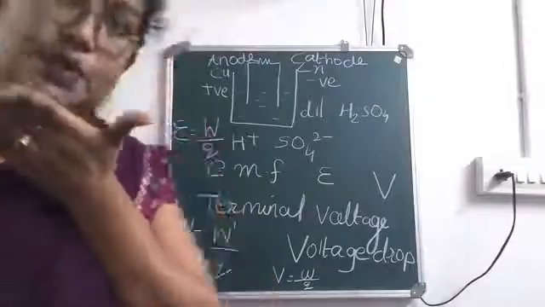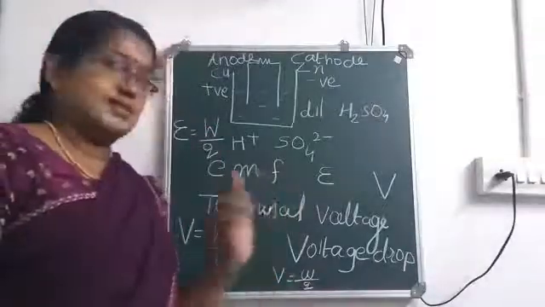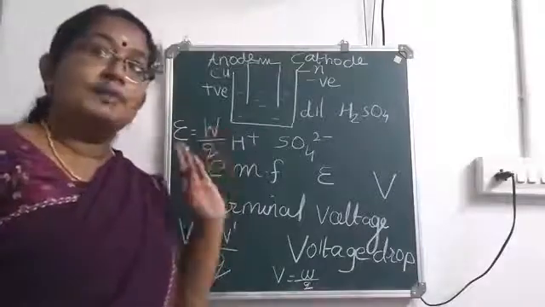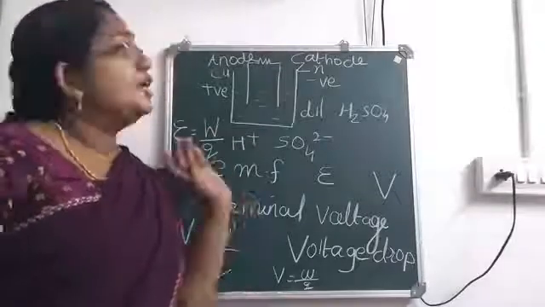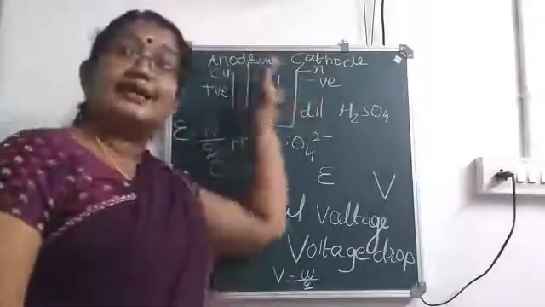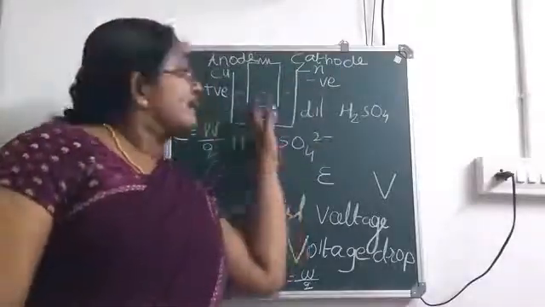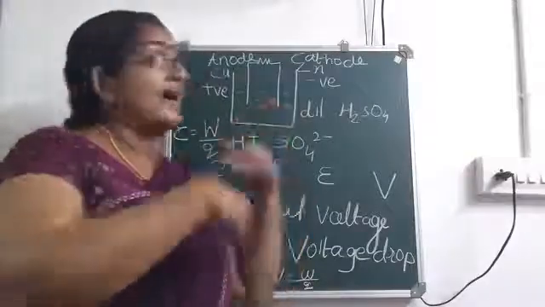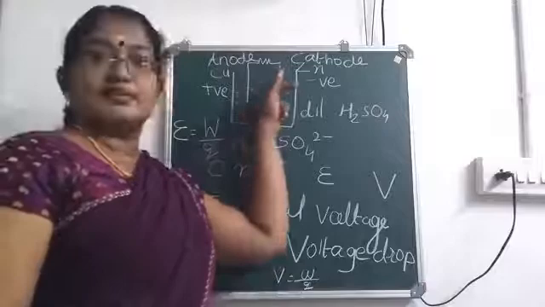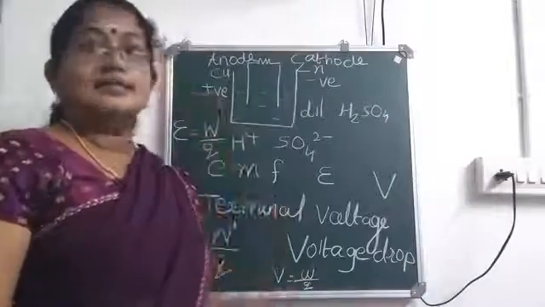So I'll repeat these three things. EMF means how much work is done in order to move a positive charge through the entire circuit. Inner part means through the electrolyte, outer means when connections are given externally. That is EMF.